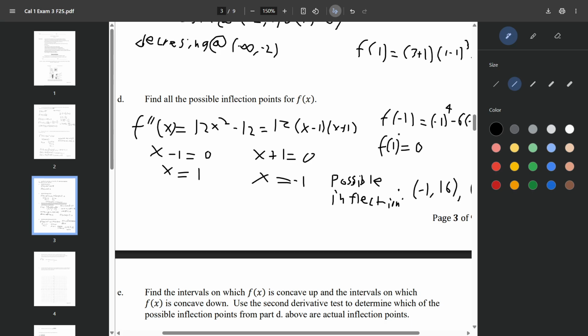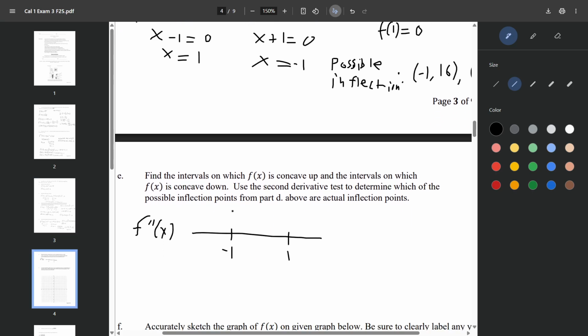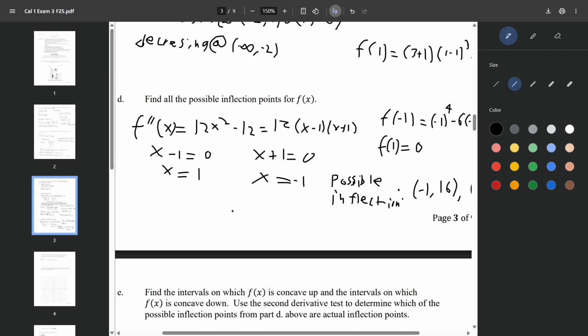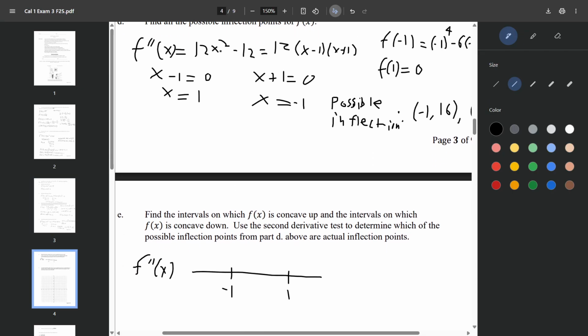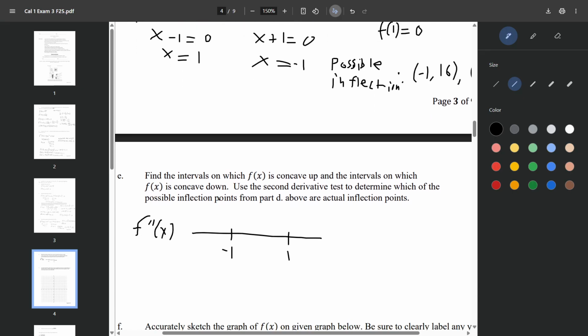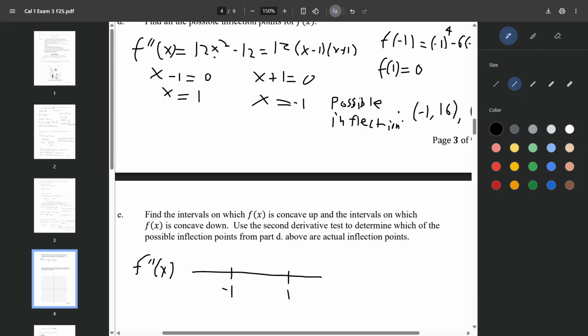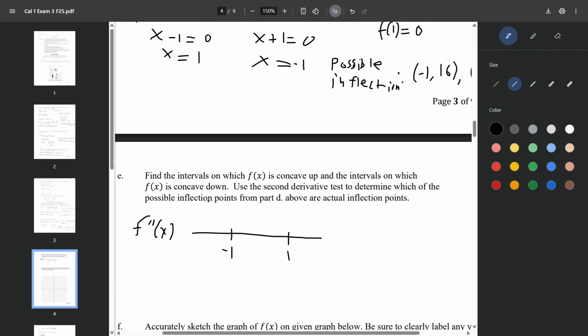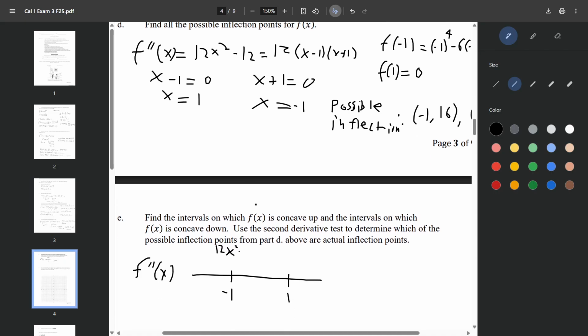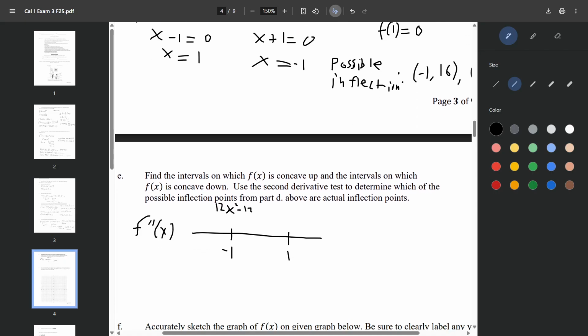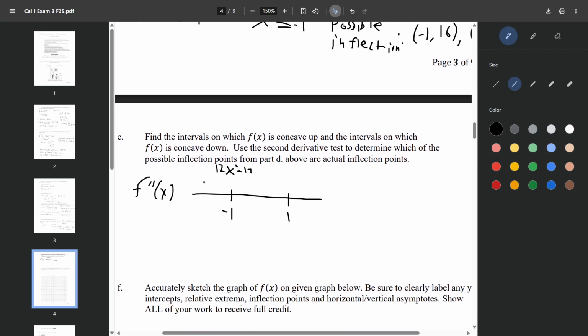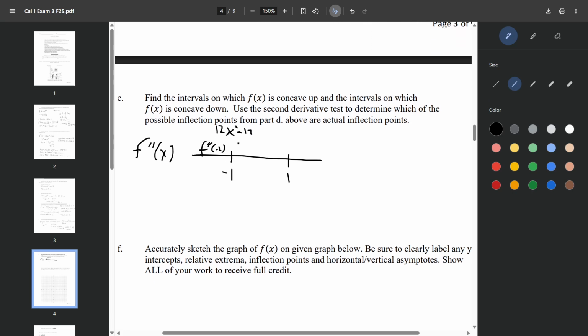And instead of doing it in factored form, which we do have, we're actually going to do it with our original equation, because we'll only have one variable to worry about, and it is, in my opinion, easier to see. So we'll do 12x squared minus 12. So at f double prime of -2, when we plug in -2 here, it's going to be 24 minus 12.